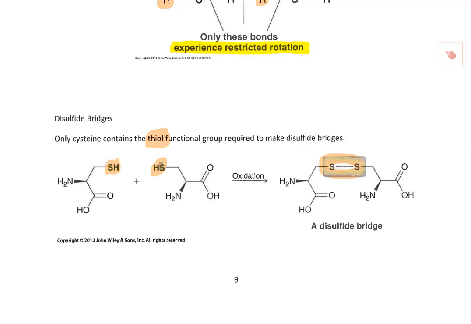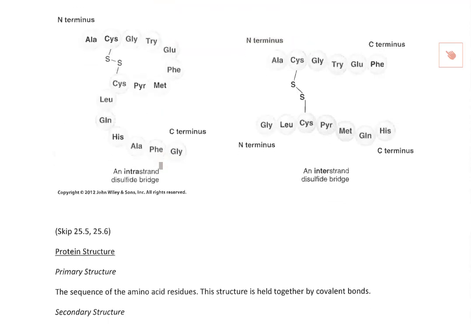And when you look at the bigger picture, if you're considering maybe one protein, a cysteine and a cysteine can be linked by a disulfide bridge within one strand. Or you can have a cysteine to cysteine disulfide bridge between two different strands.